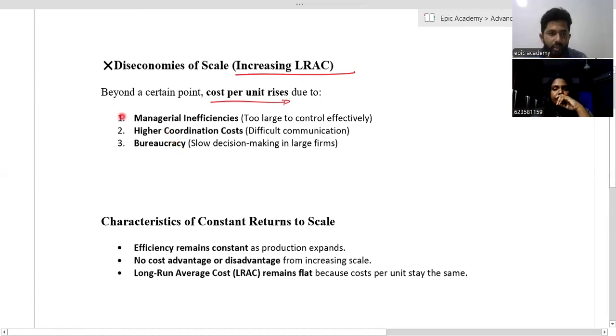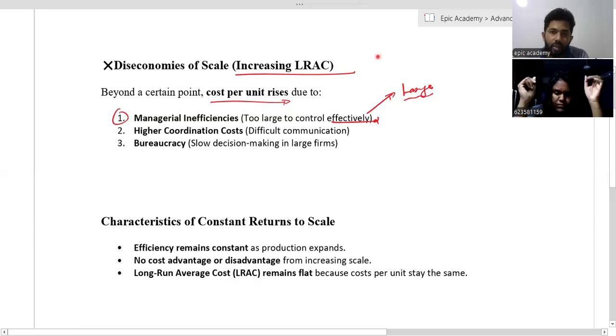Okay. Due to managerial inefficiencies. Managerial inefficiency. Too large to control, affecting efficiency and effectiveness. If the size of the organization is too large, then what happens? You cannot manage it.